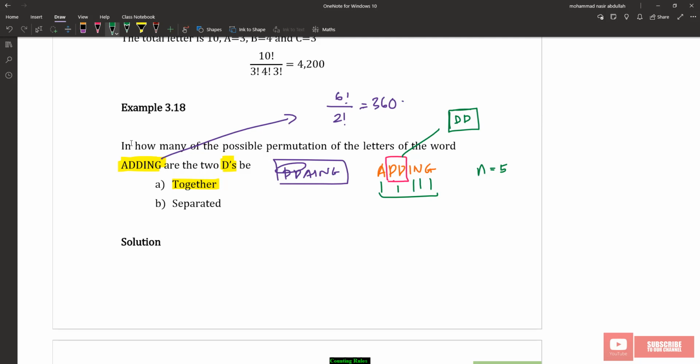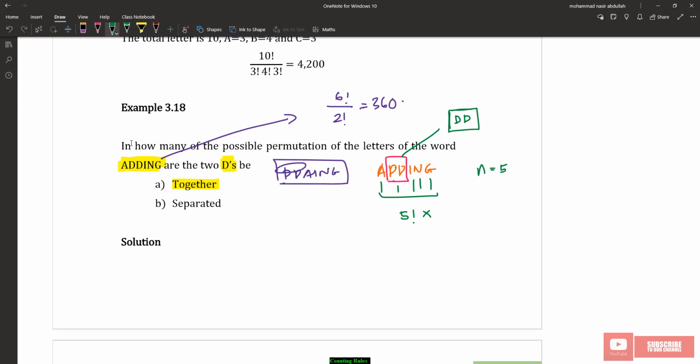So since we have all distinct objects, this should be equal to how much? 5 factorial. Right? 5 factorial multiplied with, why do we need to multiply? Because the double D can move.